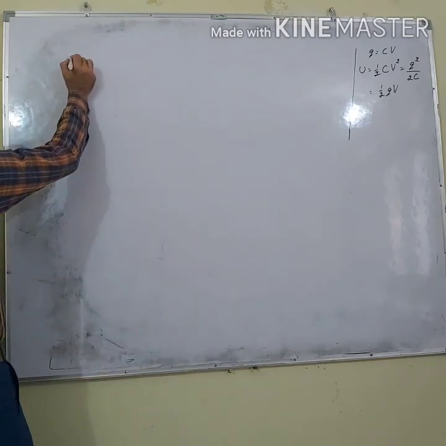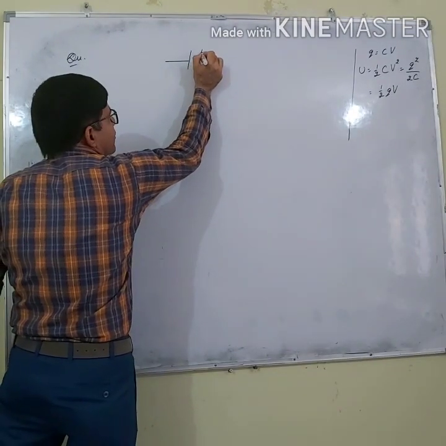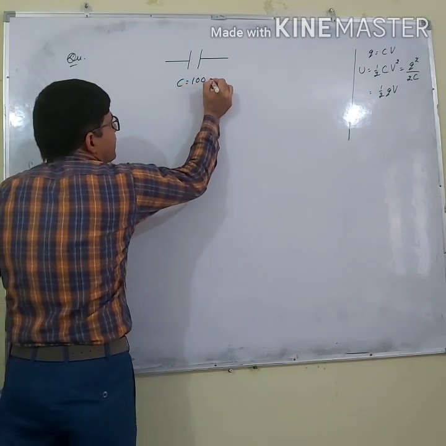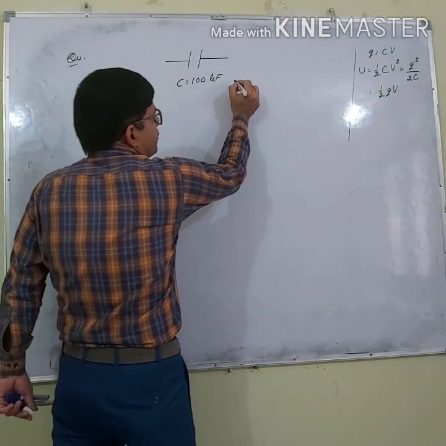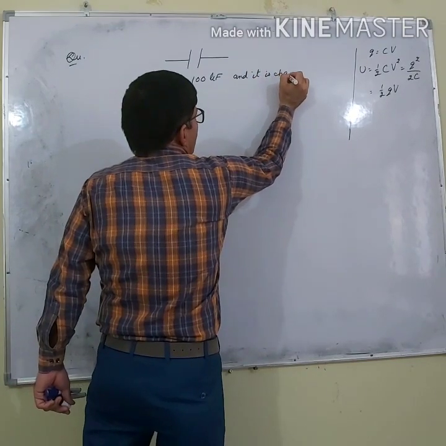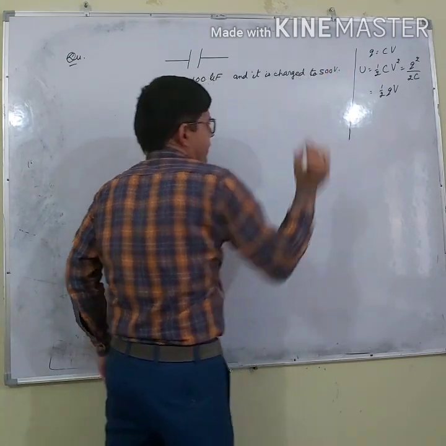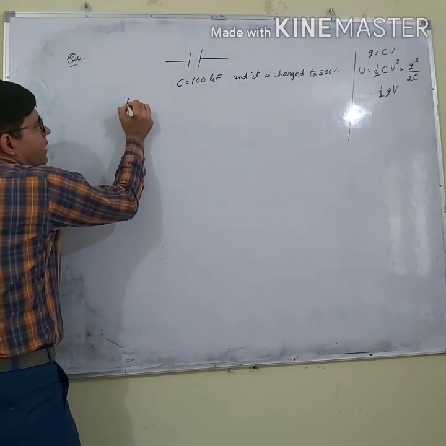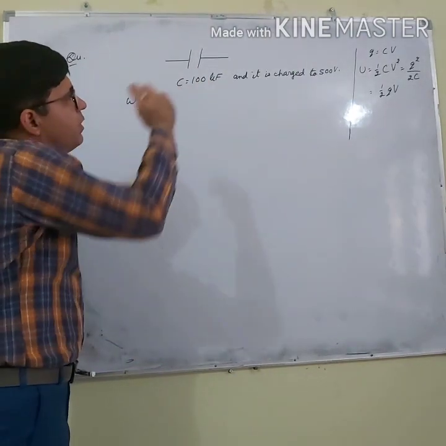Now the first problem is that, let us say you are given a capacitor and the capacity of the capacitor is 100 microfarad, and it is charged to 500 volt, right? What I have to calculate is the work done in charging the capacitor to 500 volt.